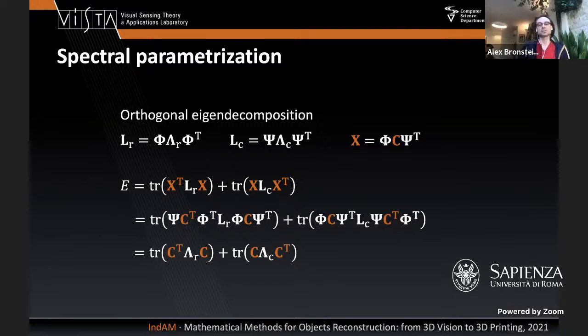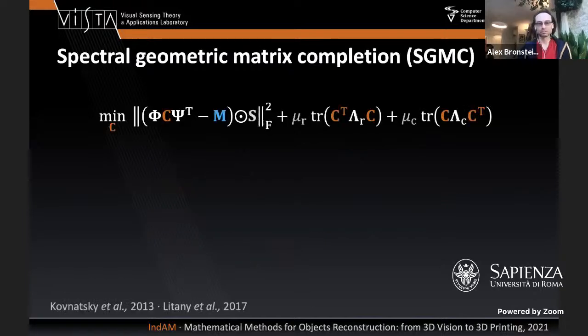But now just think what this penalty does. The bigger is the frequency, the bigger is the eigenvalue, and the more penalty we are paying for having energy in that frequency, which is expressed by the matrix C. So it actually makes perfect sense. So now I just wrote the matrix completion problem with this new parameterization, with the parameterization C, and we will call it spectral geometric matrix completion, or SGMC for short.